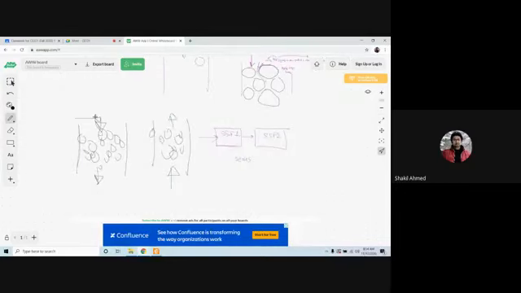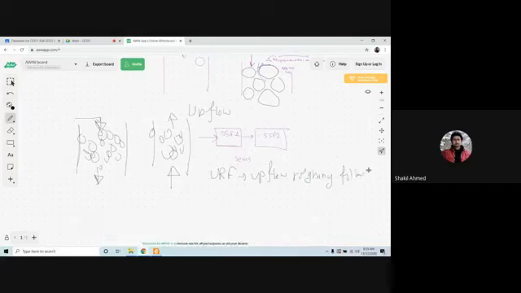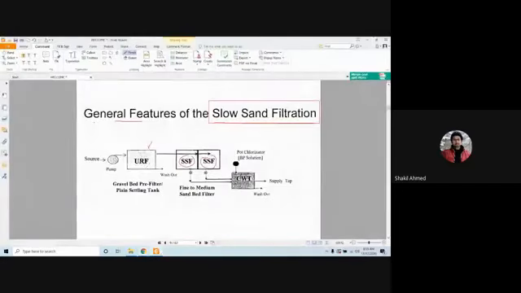So this is downflow and this is upflow. Am I right? Yes, sir. So URF means upflow roughing filter.